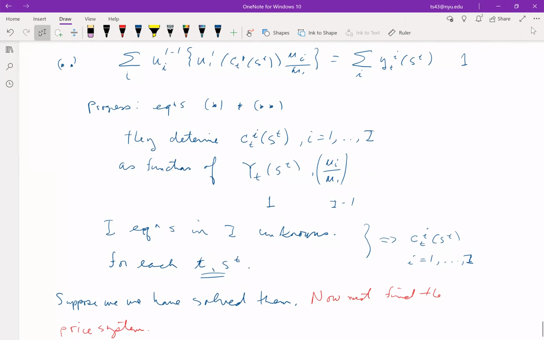What we have solved for here is the allocation as functions of the aggregate endowment and the Lagrange multipliers.